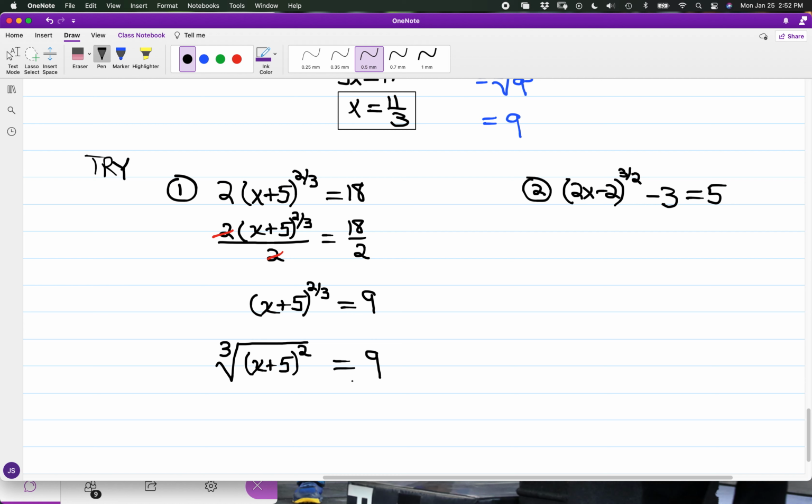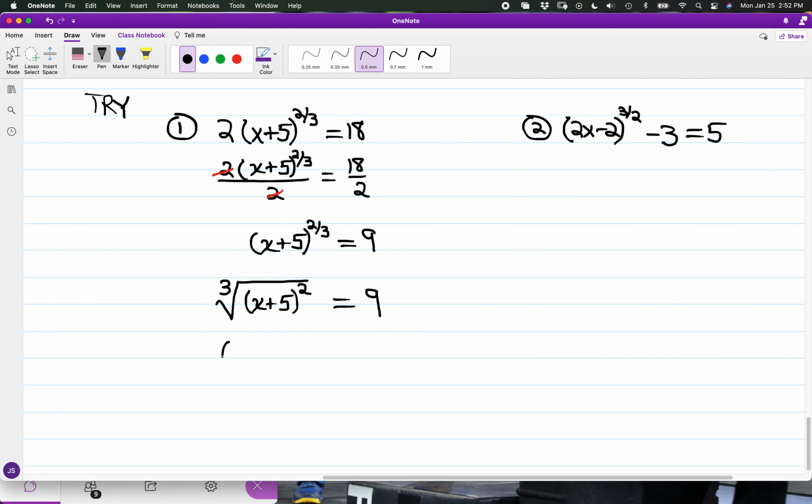Now that I have it written in terms of a radical, I want to free up what's inside this radical, and the way to do so is to cube both sides. I know the numbers are getting a bit crowded, but again: isolate the exponential term, write as a radical, and now to get rid of the cubic root, cube both sides.